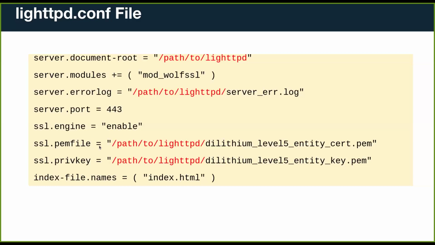The patch file allows us to have two separate files specified, the PEM file and the privkey file. Without that patch, which you don't actually need, what you can do is concatenate the certificate file and the key file and then specify that file as a PEM file, and then you won't need to do this. But because of that patch, it allows us to do this nicely. Specify two separate files, that is.